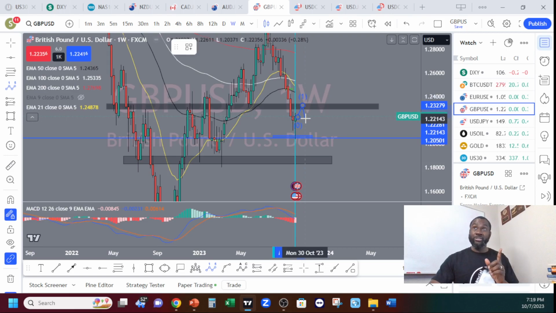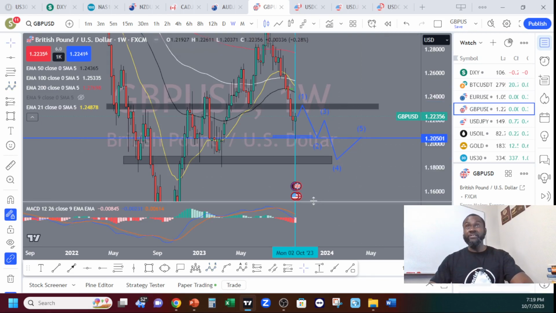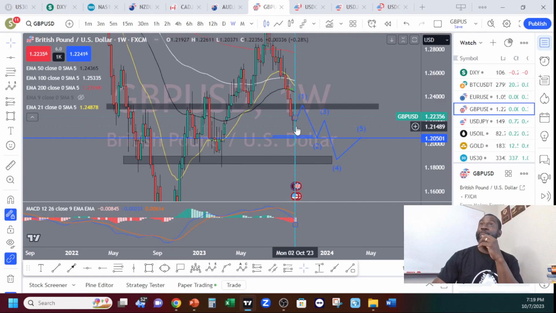So we want to see price come back to test this and make a low that is lower than the previous low. If price did this, open, go up, this is what we're looking for the rest of the year.